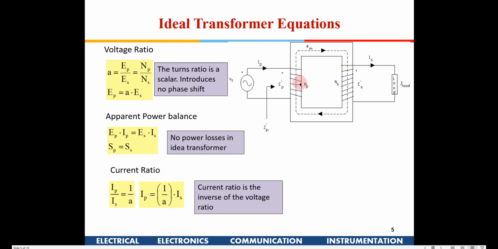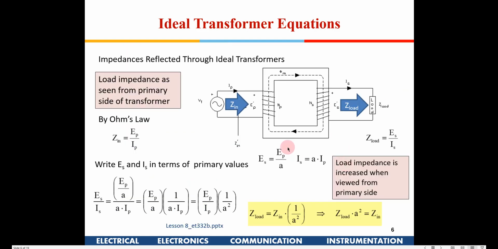That current will induce a secondary voltage, and that secondary voltage will reduce the effect of the back EMF, and hence a current will flow in the primary. So the current in the primary will be a function of the current flowing in the secondary, given by this equation. That is how the power gets transferred from here to here. So that was the physical explanation.